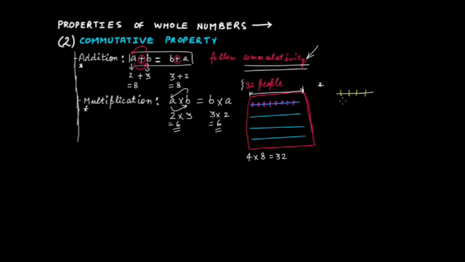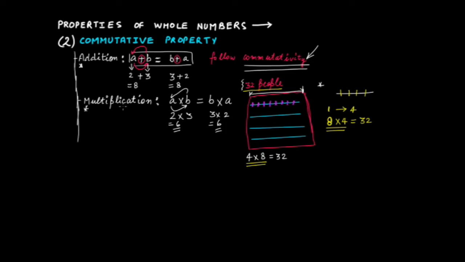So if one row contains 4 chairs, let's make 8 rows, and in each row there will be 4 chairs, and therefore we'll get a total of 32 chairs, and these 32 people can sit. And if you notice, it's the same thing: 4 multiplied by 8 is equal to 8 multiplied by 4.